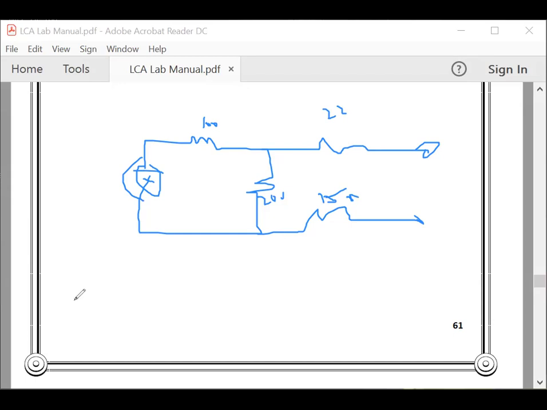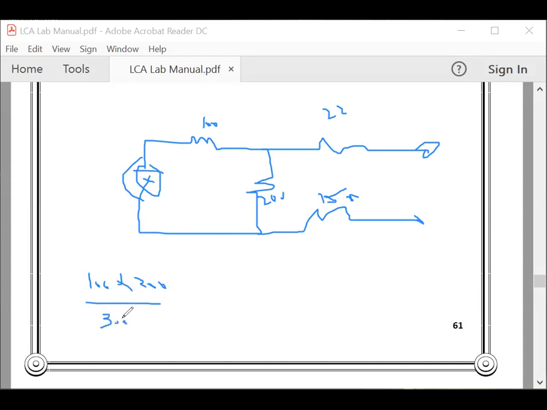So if we short circuit, these two resistors are in parallel. These two are in parallel, and after solving this, you will get, for example, 100 multiplied by 200 divided by 100 plus 200, 300.